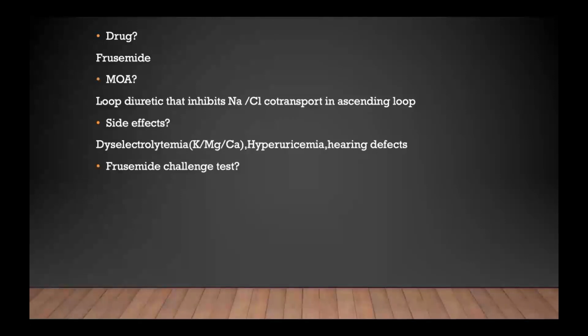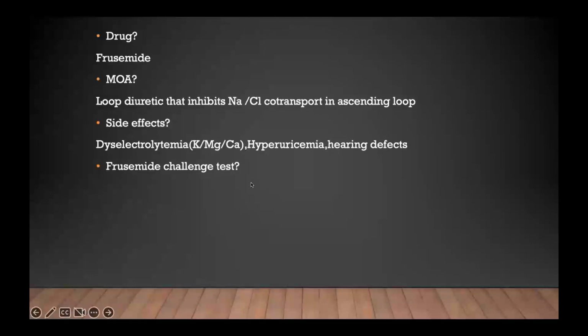The furosemide challenge test is given at the dose of 2 milligram per kg, and at the end of 2 hours there should be a urine production. Why do you do it? It is done mainly to see the functioning of the kidneys. Not whether the kidneys are functioning; whether functional glomeruli are present or not, the integrity of all the glomeruli.